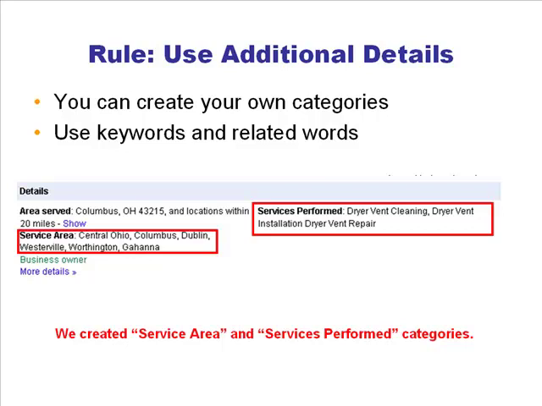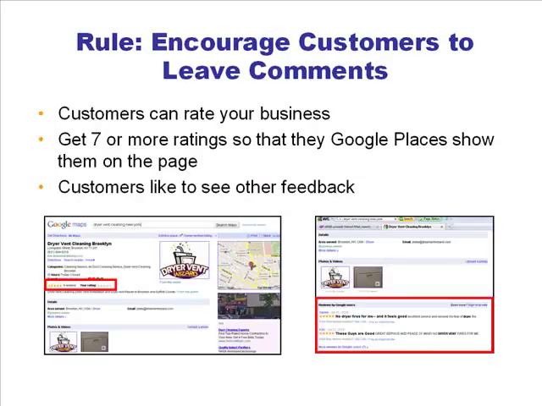Now I know many people in United Servicers really are growing or are very strong in the high-end business, and so this is a place where you can really differentiate yourself by putting in services performed, putting in some of your high-end appliance makers, whether it's Wolf or Viking or Sub-Zero, and then again a little bit more about service area. Make sure that you list the areas that you really want to work in and are able to service in a timely fashion.